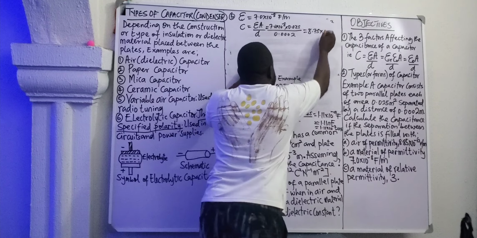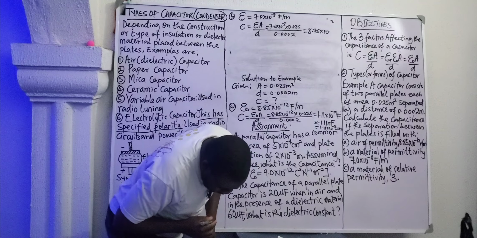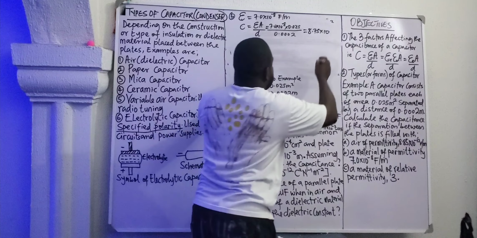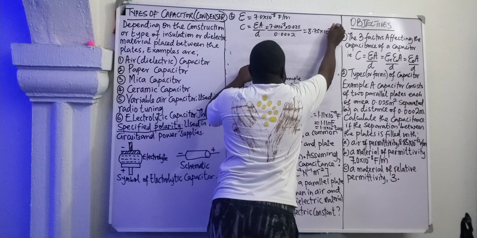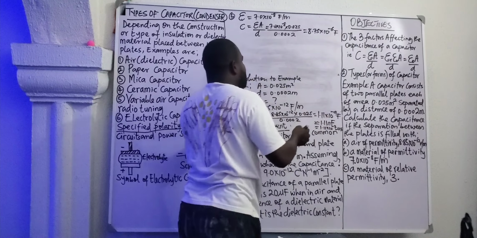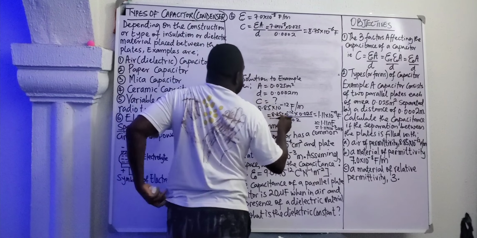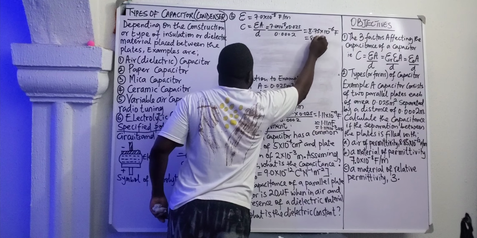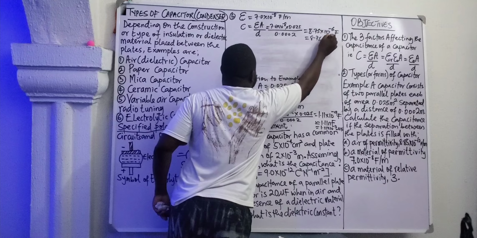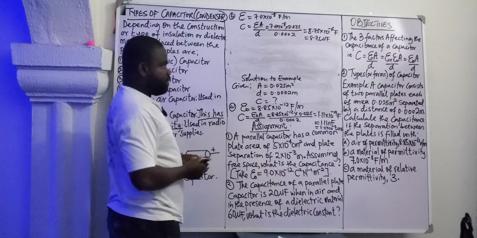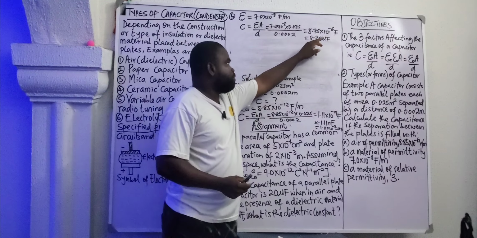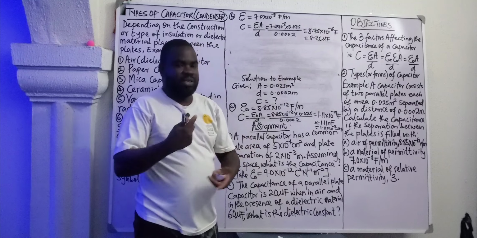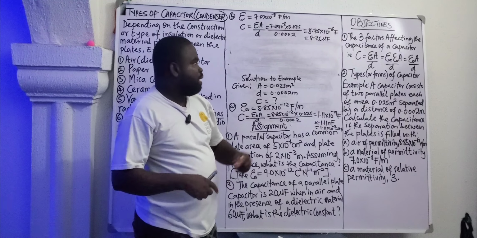8.75 times 10 raised to the power of minus 6 farad, which you can re-express as 8.75 microfarad, since 10 raised to the power of minus 6 is micro. Mind you, why am I doing this other representation is to enable you to know how to use them.